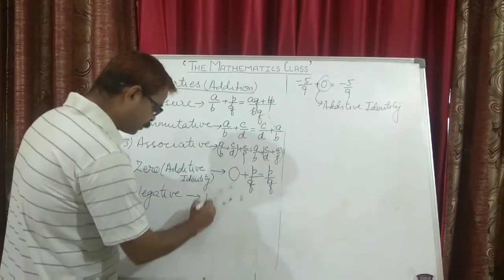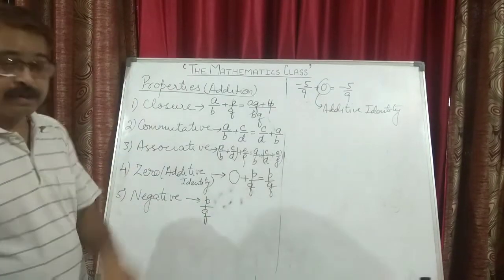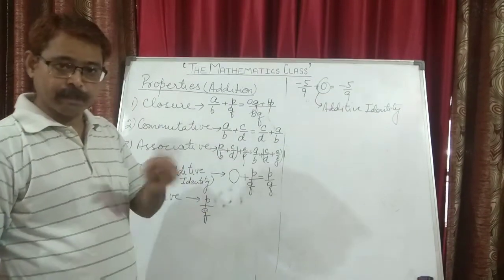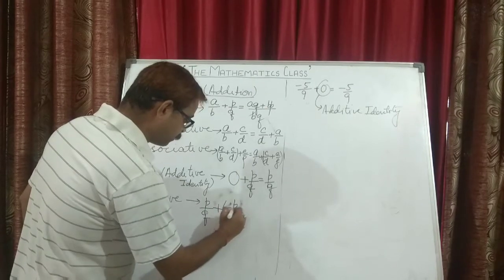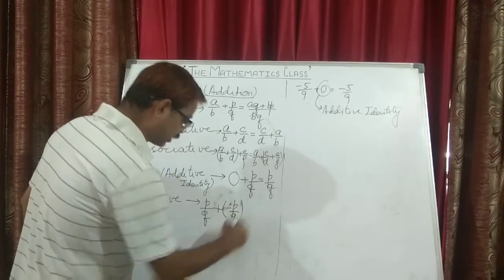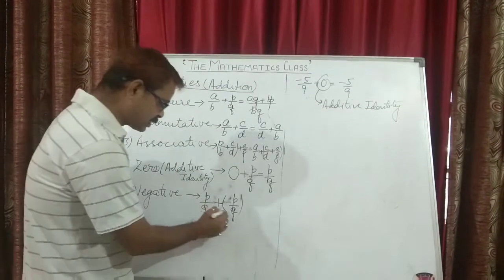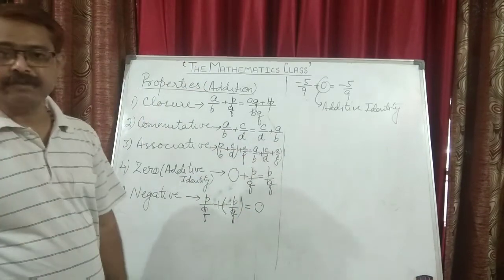Suppose I say P upon Q is a rational number. It means in the set of rational numbers, there would be a number like minus P upon Q such that when these two are added, you will get 0 or additive identity.